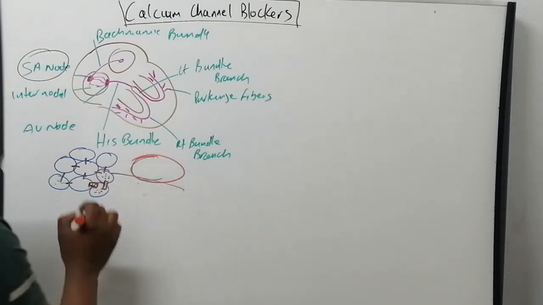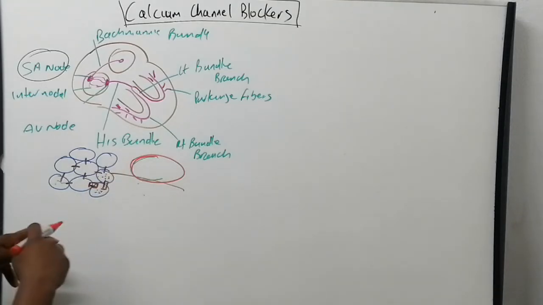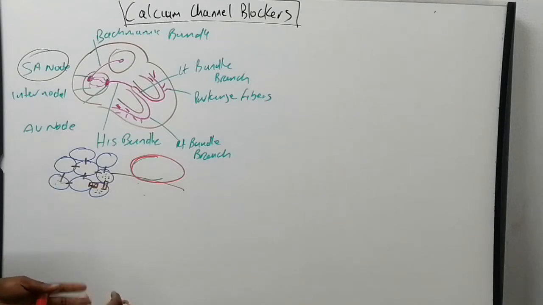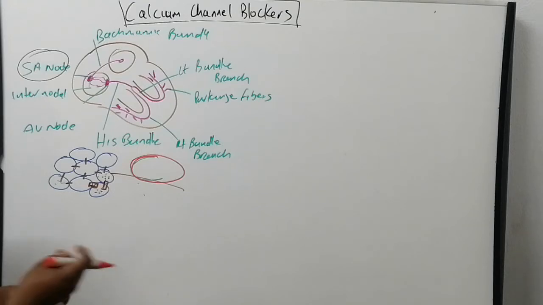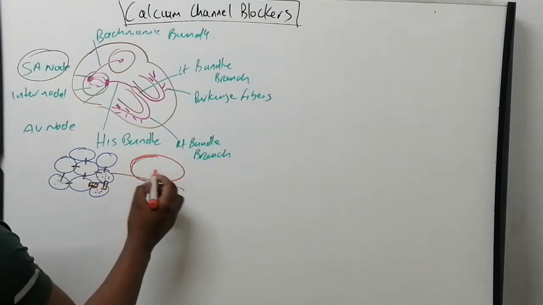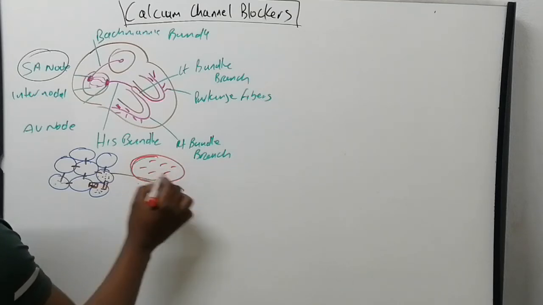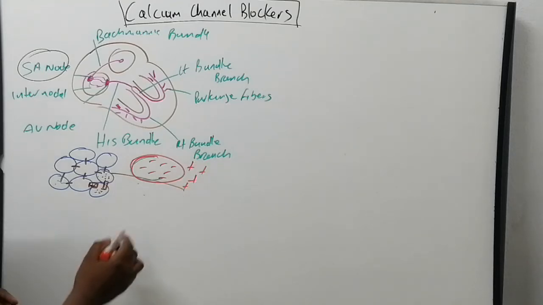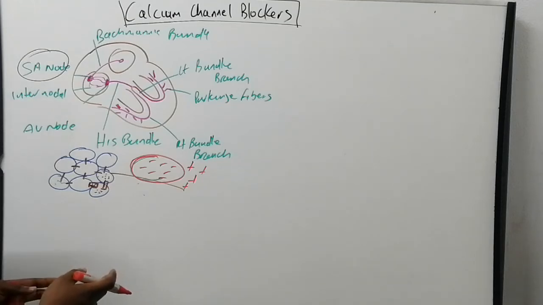All cells, because of the distribution of ions between the extracellular space and the intracellular, there's always some kind of a potential difference. So the inside of the cell is more negative and the outside is more positive. So between the outside and the inside, there's a potential difference, right?